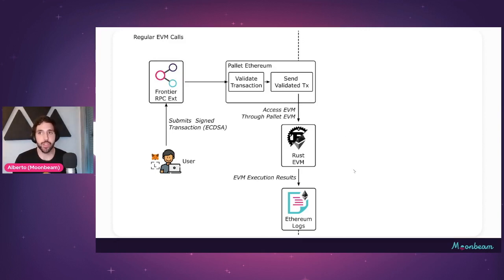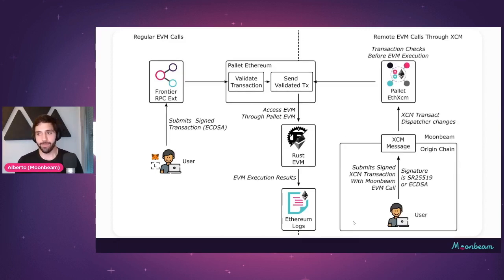So what happens when you do a remote EVM call through XCM? It is a little bit different because we have now a different chain, right? And that chain can use substrate style or Polkadot style signatures like SR25519, or it can be another chain like Moonbeam that uses Ethereum style accounts. But the important thing is that this user is also happy because they're using Polkadot. And so, they submit a signed XCM transaction.